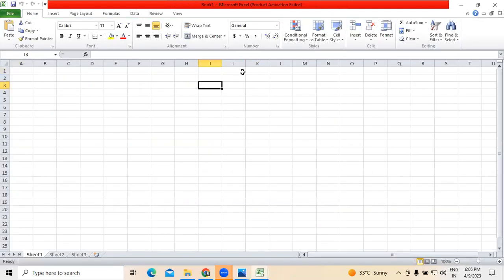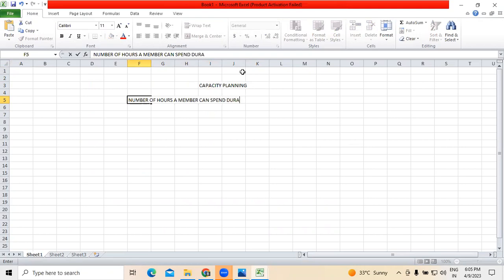I am explaining now. Capacity planning will be planned as follows. The first thing we do is the number of hours a member can spend during a day.